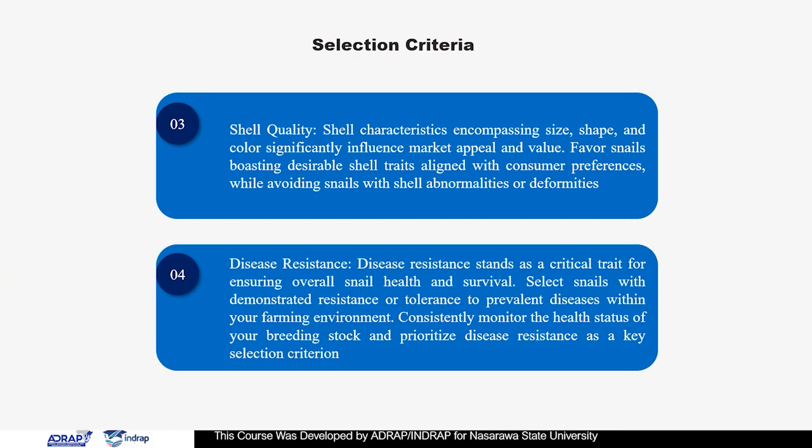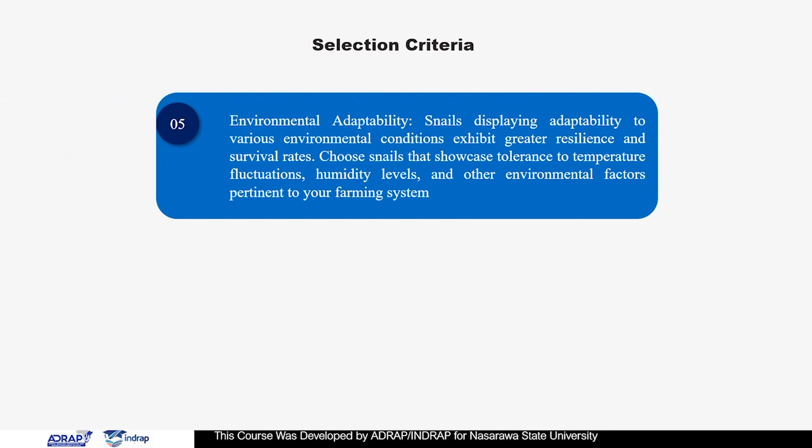Disease resistance. Disease resistance stands as a critical trait for ensuring overall snail health and survival. Select snails with demonstrated resistance or tolerance to prevalent diseases within your farming environment. Consistently monitor the health status of your breeding stocks and prioritize disease resistance as a key selection criterion. Environmental adaptability. Snails displaying adaptability to various environmental conditions exhibit greater resilience and survival rate. Choose snails that showcase tolerance to temperature fluctuations, humidity levels, and other environmental factors pertinent to your farming system.